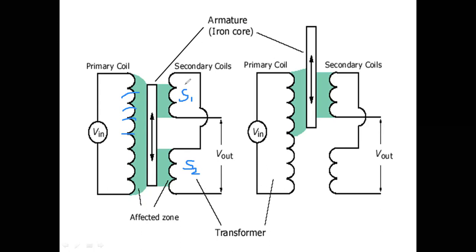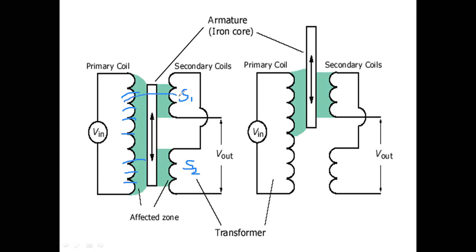So the dimensions of secondary 1 are exactly equal to the dimensions of secondary 2. So when the core is in center position, the flux is equally spread through secondary 1 and also secondary 2.